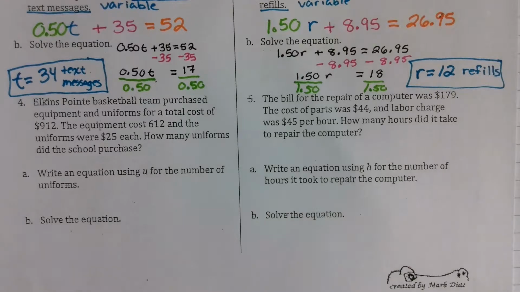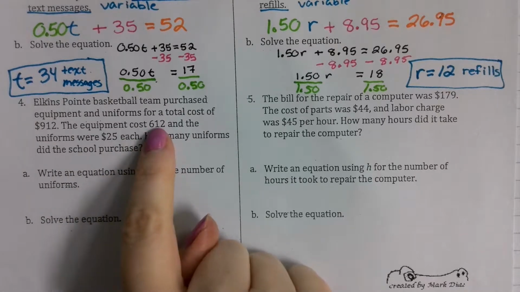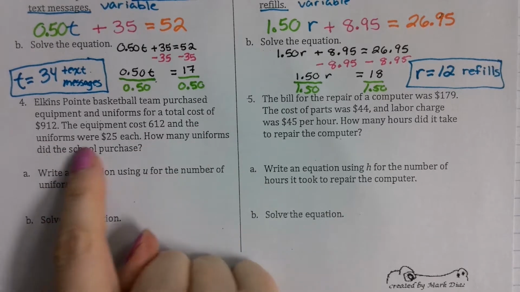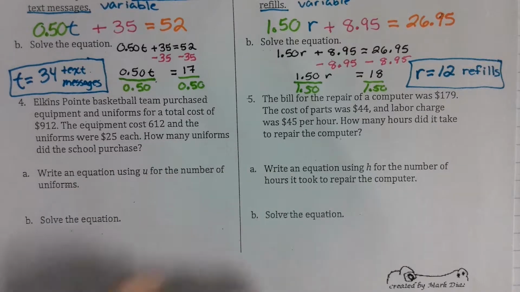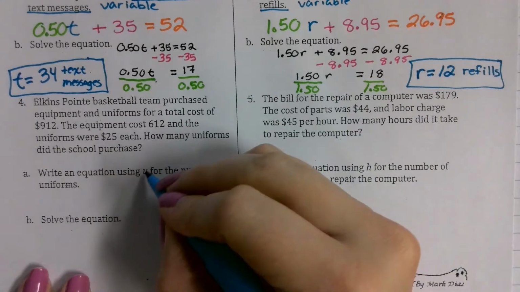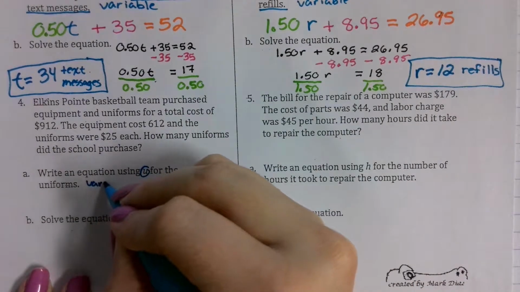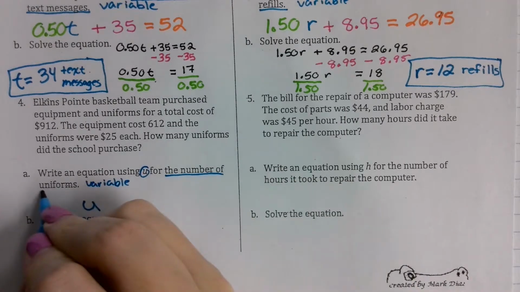Equipment plus uniforms, and that's our total cost. The equipment is going to be $612. The uniforms are $25 each. How many uniforms can the school buy? So we're going to use U for the number of uniforms. That's our variable.